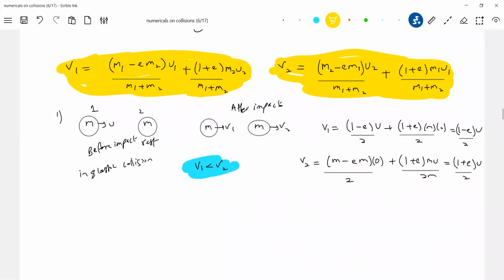Now, second case, if a lighter object collides with a heavier object, then let it be 3m. Let it be elastic collision, e equal to 1. After collision, what do you expect? The velocity v1 and this velocity v2.